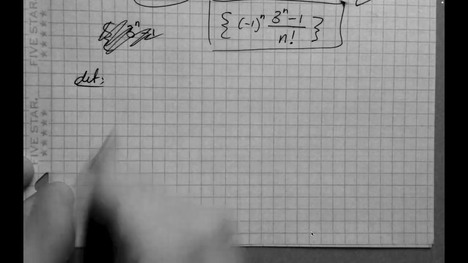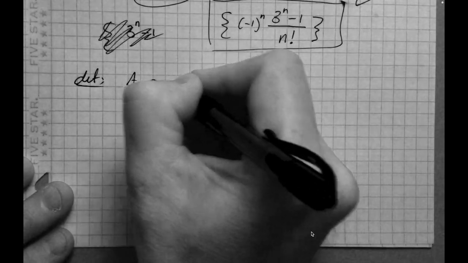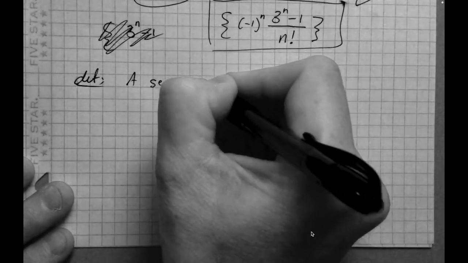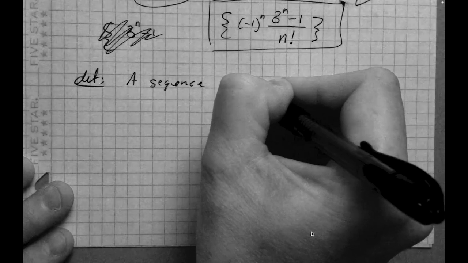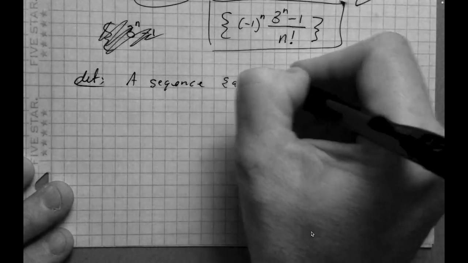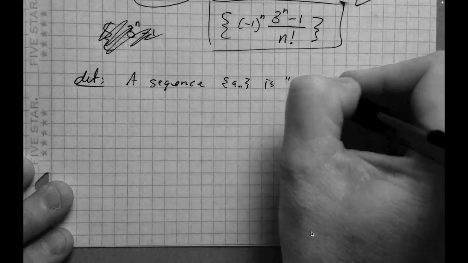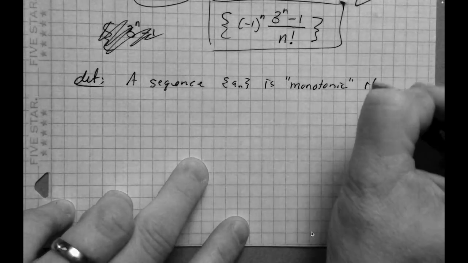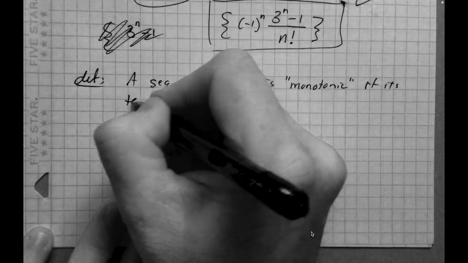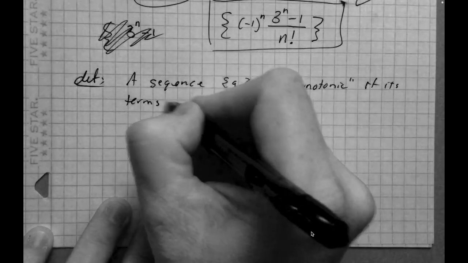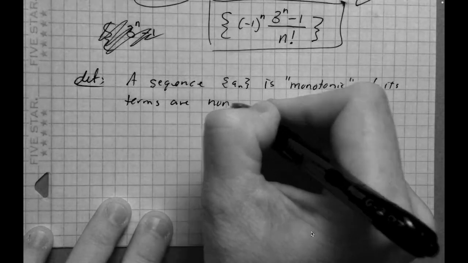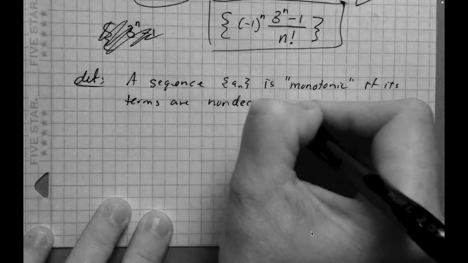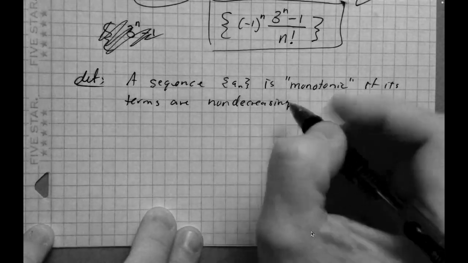So, definition. A sequence, a of n, is monotonic if its terms are non-decreasing, right, like this.